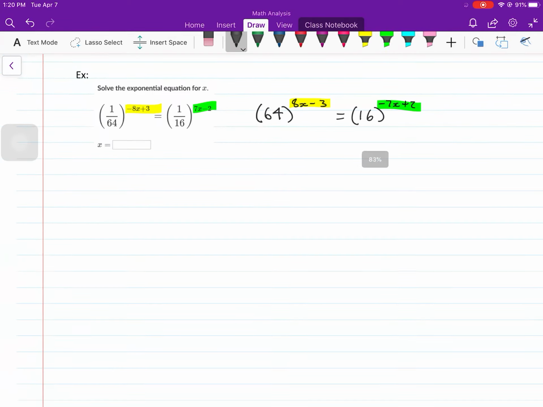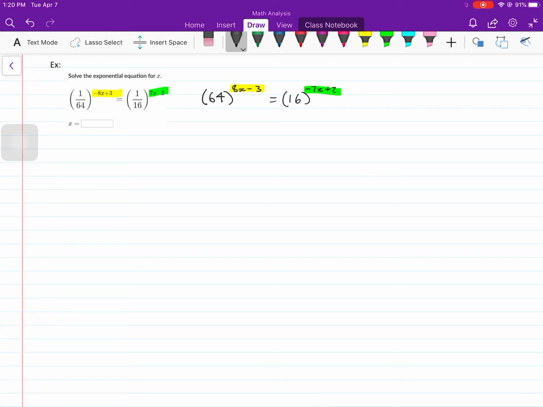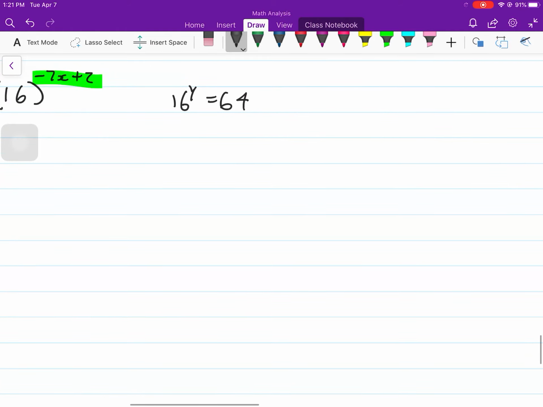So now from here, how can we rewrite that 64? Well, think about 16 to what power is 64? And that's kind of difficult, but I'm picturing right now that 4 cubed, I remember 4 cubed is 64, right? Now, how can we get 16 down to a 4?